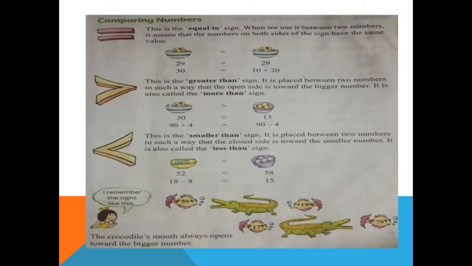so equal to means the same quantity. Come to the next. For example, you have two sisters or two brothers, or one sister and one brother, with an age difference. Who is big and who is small? We can say small and big, but if they are twins, we can say equal to.